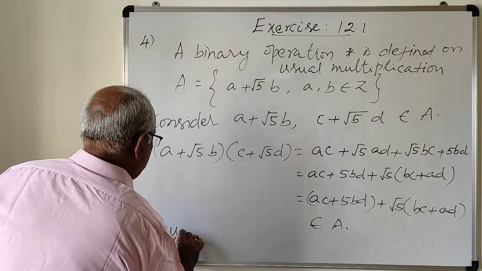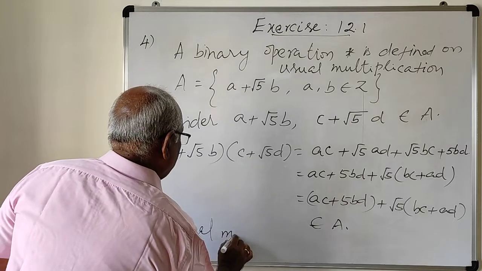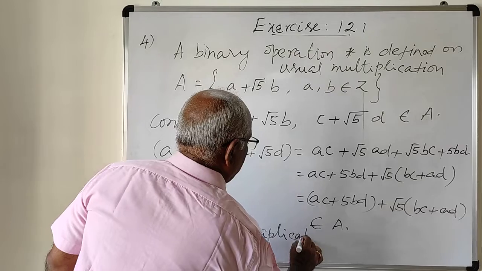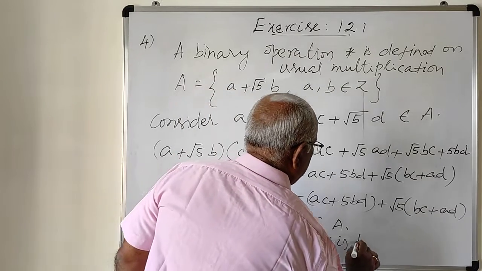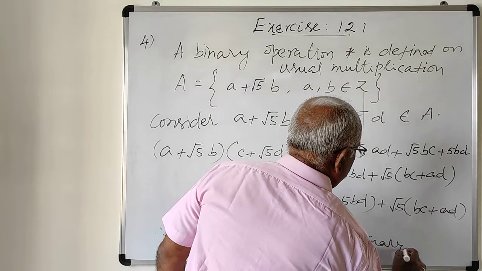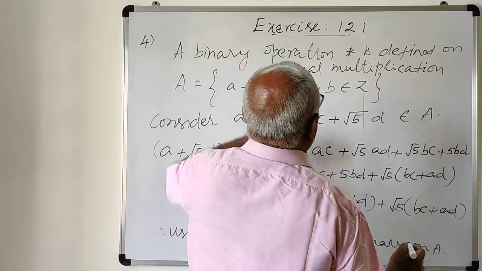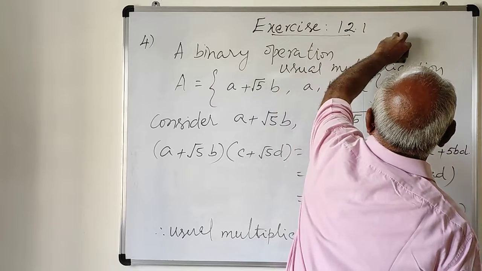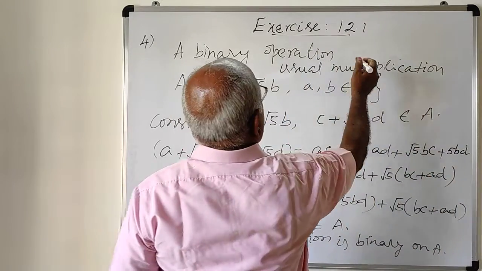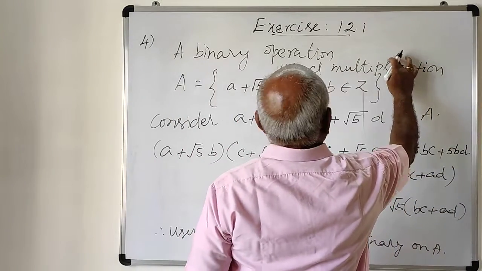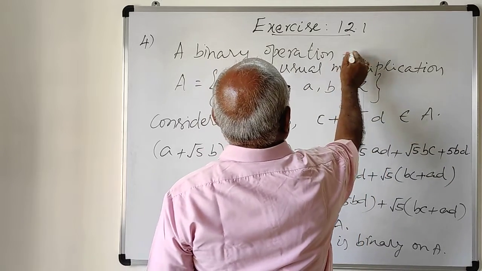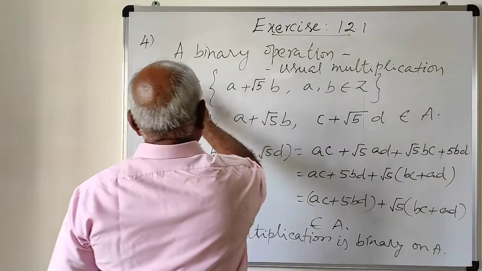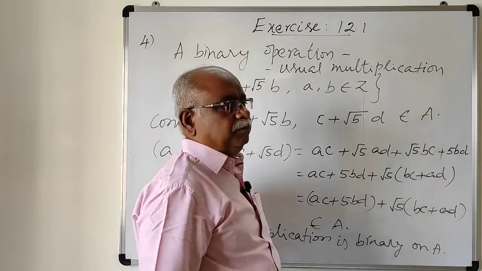Therefore, usual multiplication is binary on A. The star is not defined here. In this problem, usual multiplication is the binary operation defined on the set A, not star.